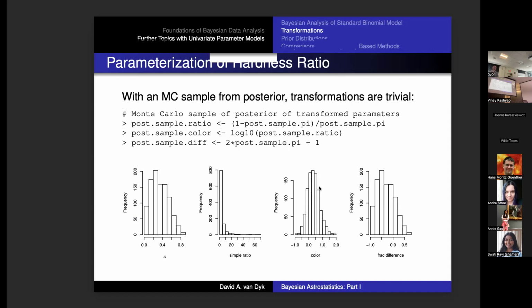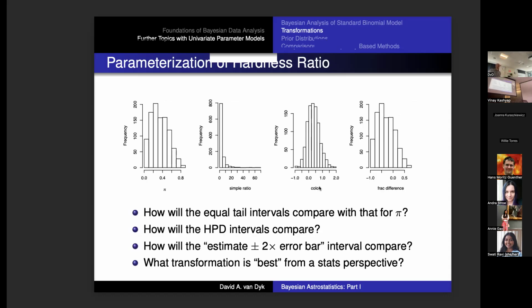So you can see the 3 different posterior distributions, and they look very different. In particular, if you wanted to compute equal tail intervals, HPD intervals, or plus or minus 2 error bar intervals, you would get very different things for these different parameterizations. They would compare differently. The HPD interval here is going to be kind of in the middle.